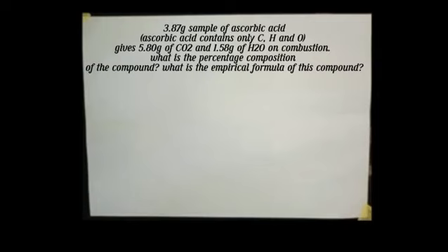Now, we are going to find the percentage composition of this compound alongside the empirical formula. Don't forget, this is a combustion problem. So first things first, let us isolate the masses given in the problem. We are given that the mass of the sample of ascorbic acid is 3.87 grams.